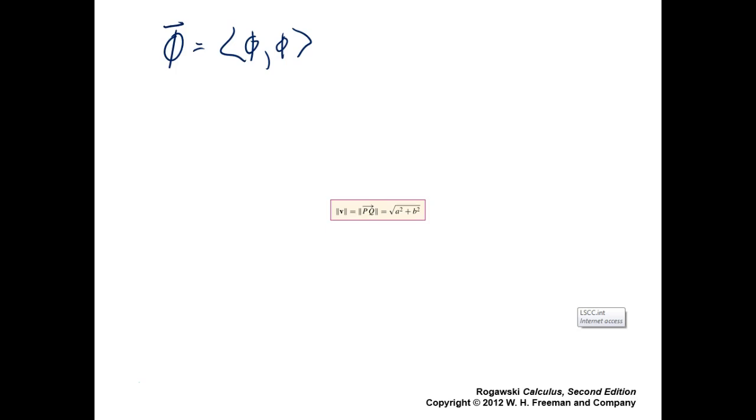So if it says length of a vector, that's the same as magnitude. The term norm of a vector is also used for length or magnitude. Not so much in this text, but in linear algebra, we'll see norm is used a bit more. So it's the same as magnitude or length.